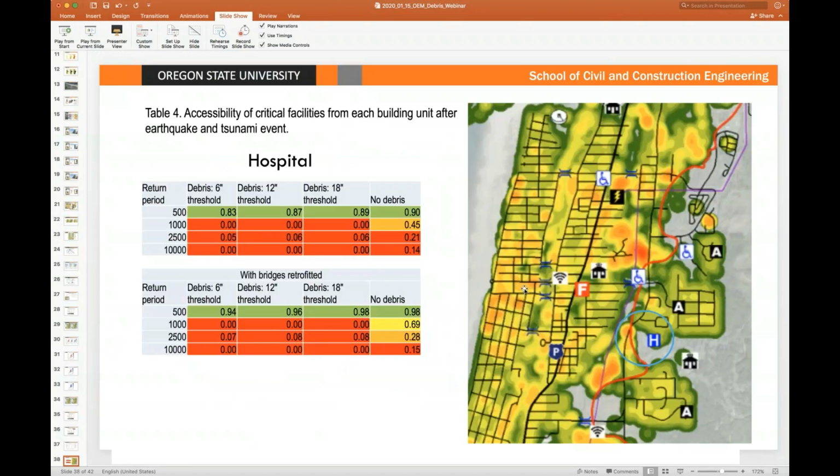So again, I'm just kind of highlighting it a little bit more. This is still kind of work in progress, not super polished, but highlighting, for example, the hospital in Seaside. In this case, there's really one main access point getting into the hospital.